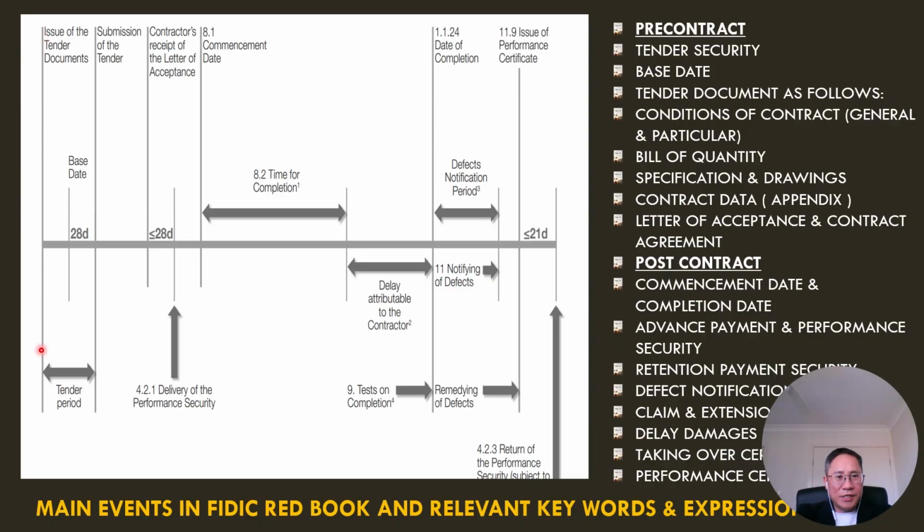So here is the framework or the demonstration of the main events happening in a construction contract according to a FIDIC Red Book. That is from the issue of tender document until the time when the contractor completes their performance. And I divide it into two periods.